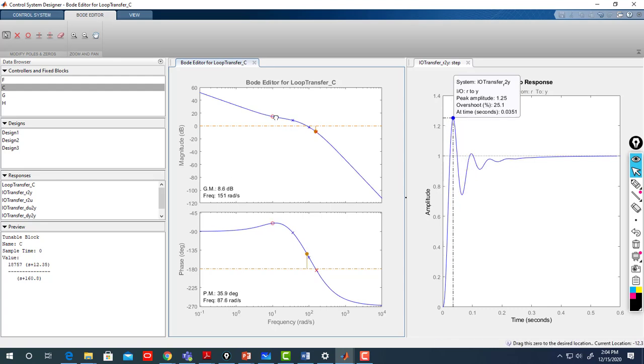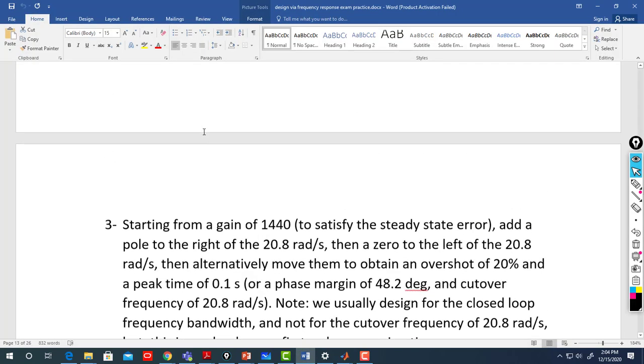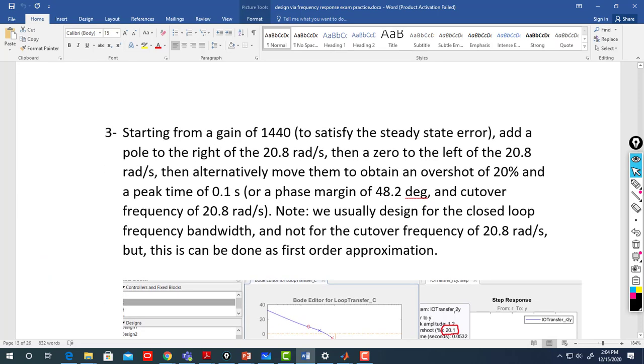And you keep tuning, but make sure you're still in, that's a 20. So you know, still I'm in between. So you can have an overshoot of 18, which is now, it looks like I'm fine. Overshoot of 18. So let's see the question again. An overshoot of 18 and a peak time of 0.1.